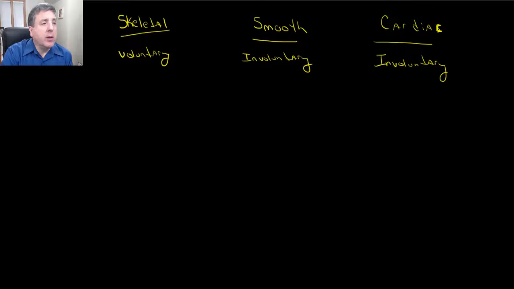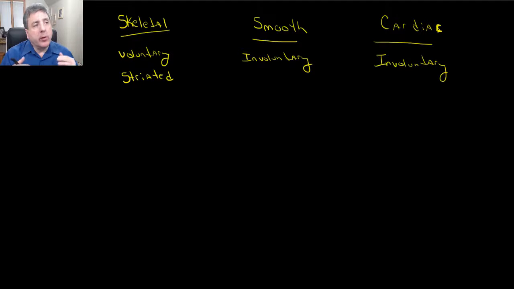So the next thing, the skeletal muscle is going to be called striated. And if you were to look at skeletal muscle under the microscope, it has light and dark lines. Those light and dark lines are called striations. And when we look at the muscular system, those are going to be parts of the muscle that deal with contraction.